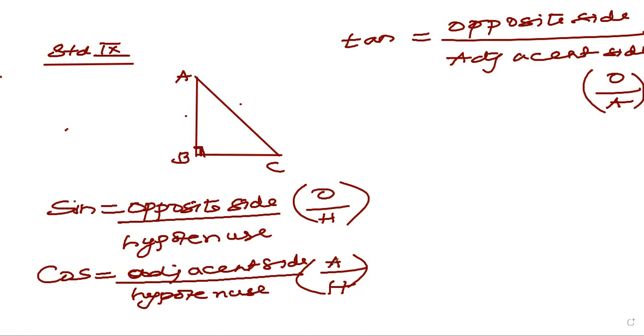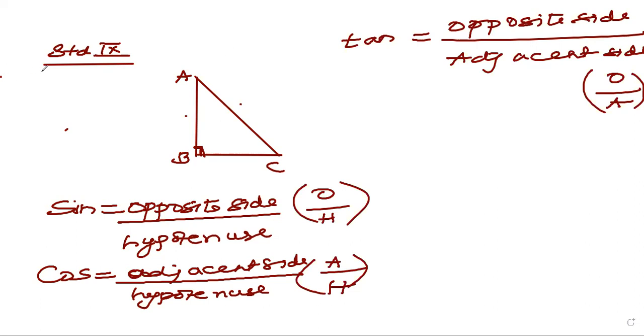Cos is A upon H: A for adjacent side, H for hypotenuse. Tan is O upon A: O for opposite side, A for adjacent side. So this is easy to remember, children. First three ratios always sine, cos, tan, and these three are O, R, O, A.